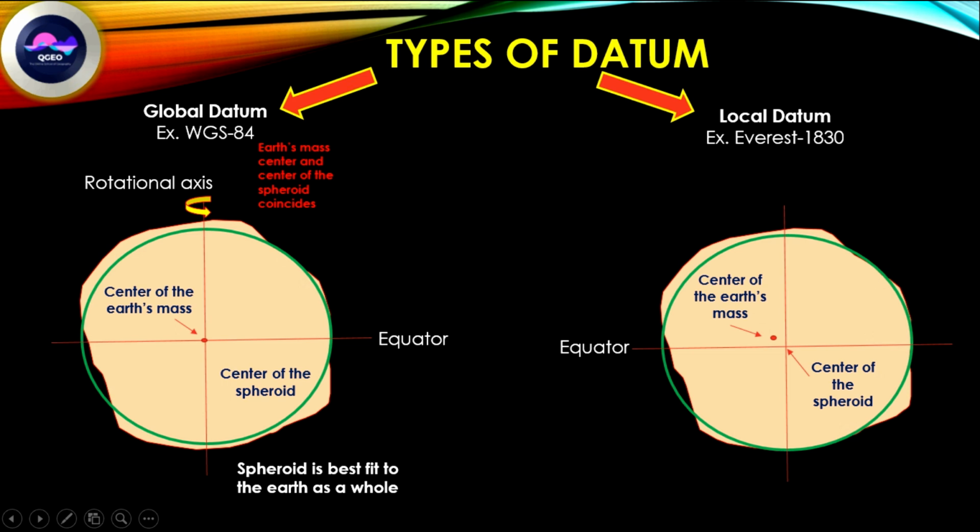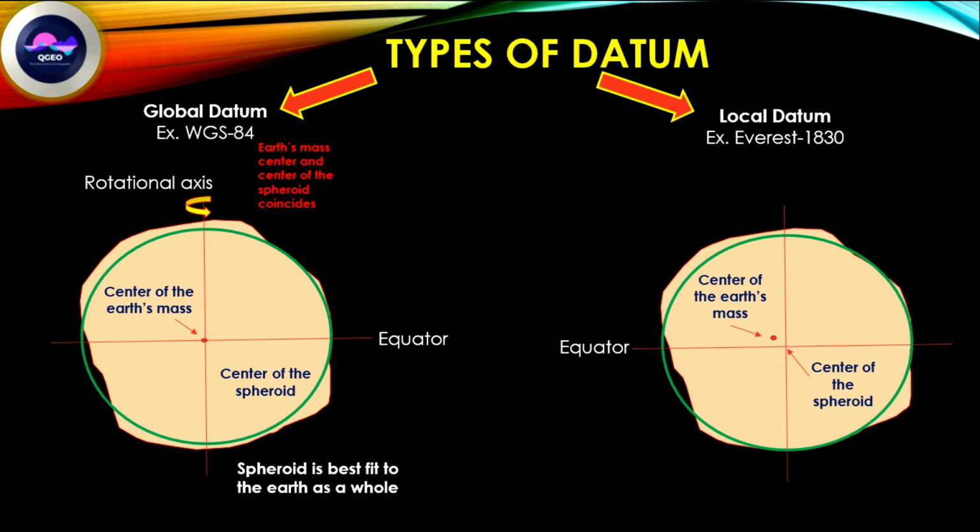The spheroid is the best fit to the earth as a whole. Here the center of the earth's mass and the center of the spheroid are a unique point; they coincide. This is the equator. In this diagram, we consider the global datum. WGS 84 is the most useful global datum.